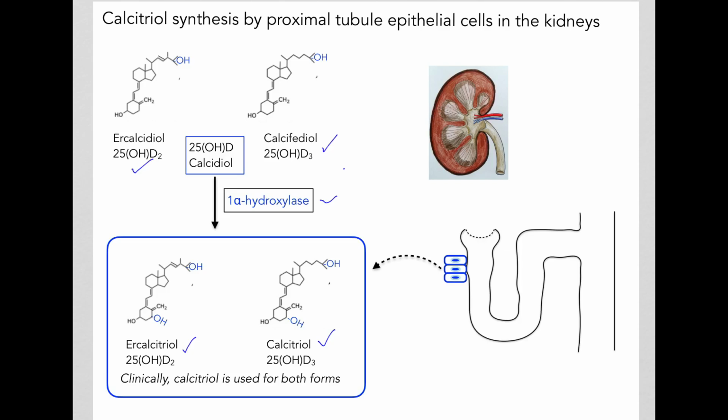This reaction is carried out by the proximal tubule epithelial cells. So once again, technically, when we say calcitriol, there are two forms, although clinically we simply use calcitriol when we talk about the active form of vitamin D.